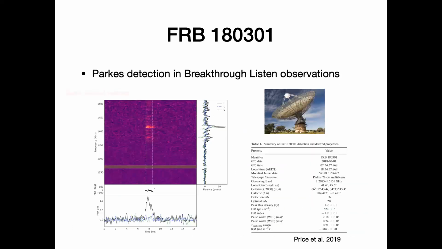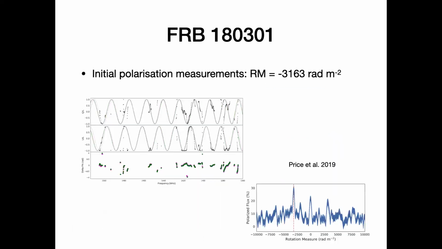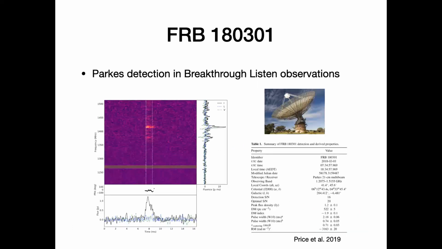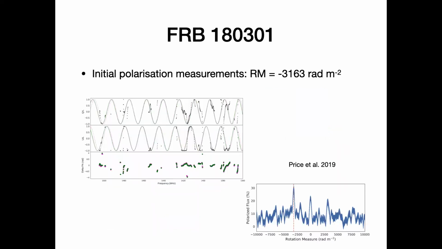Exactly. But why I talk a lot about the first event carried out by Danny Price is that they are not so confident in the RM measurements. In this pulse profile, they do not have very good linear polarization measurements, and even with such band-limited detection, it's not sufficient to get a very accurate RM value.